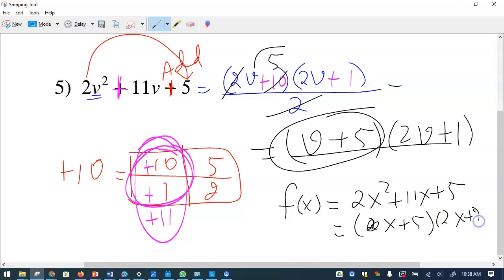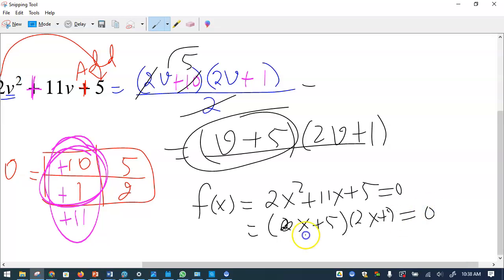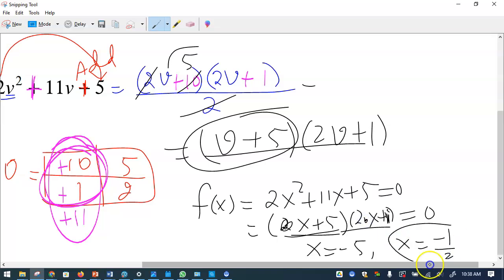And then you want to know when is this going to be 0, what are the zeros of that. So you just have to say each one of them has to be 0. So directly say, hey, x has to be the opposite of plus 5, which is minus 5. And the other one, there's 1 here. Opposite of plus 1 is minus 1. And this is 2 times, so you just divide. And these are the zeros of the quadratic function.